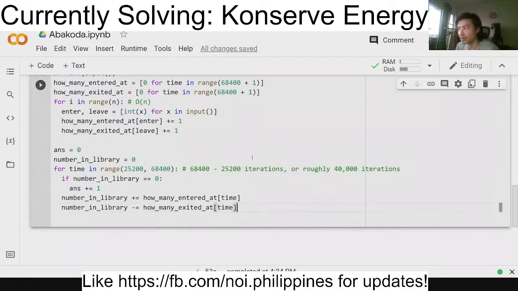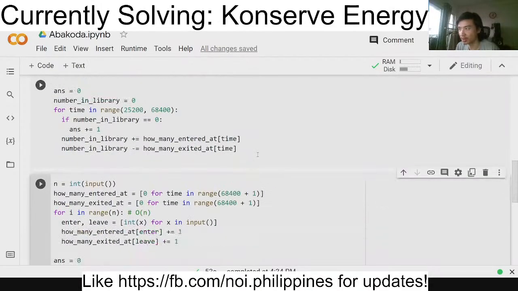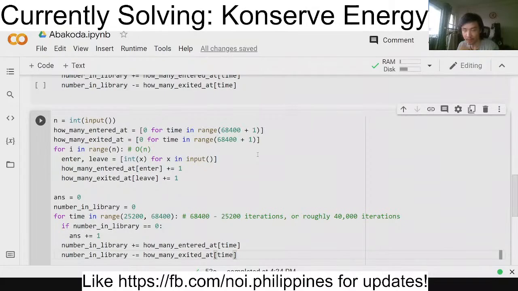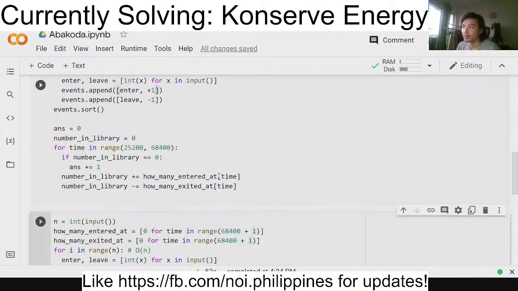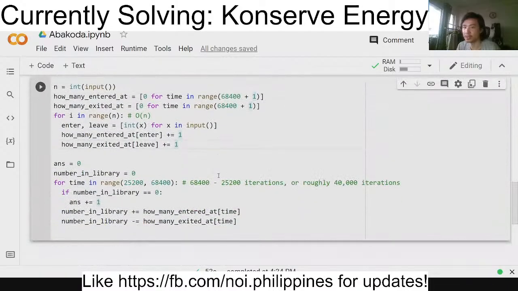Okay, there's something else that I want to say about this problem. Usually you will see some other problems where they have a similar solution to this, and usually you will see people solving them by combining these two arrays.